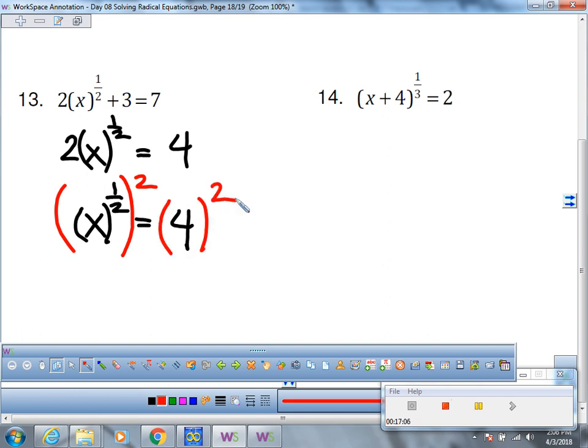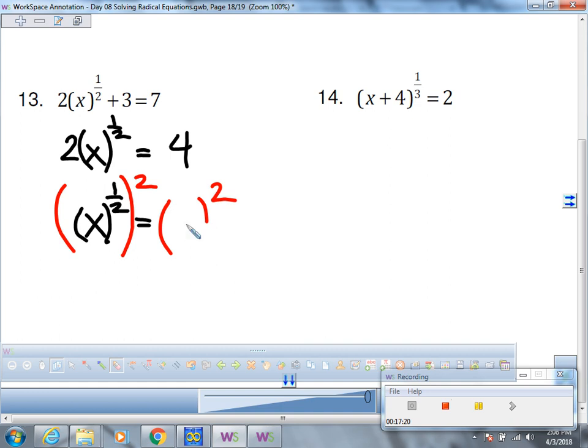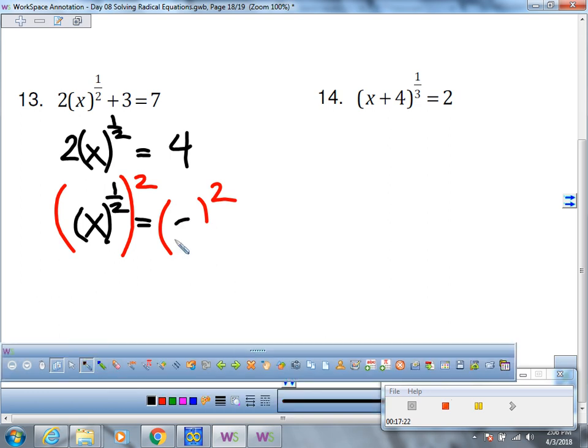Isn't 1/2 to the 2 1? Because 2 minus 3 is 4. Divide by 2 is 2. That's because you're not paying attention, Matthew. So now I have x equals 4.